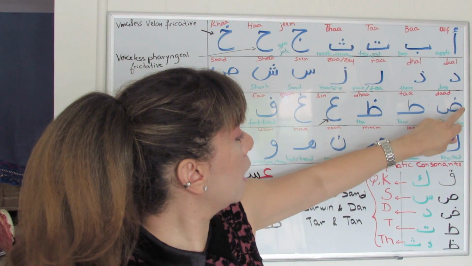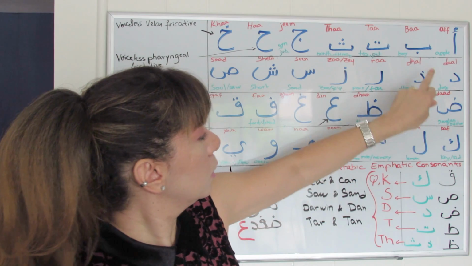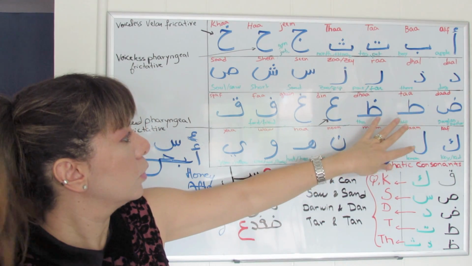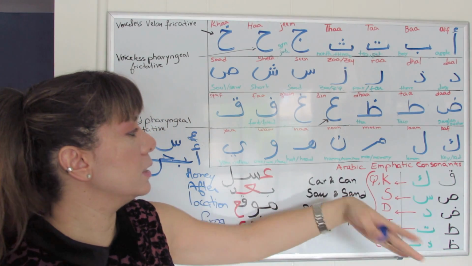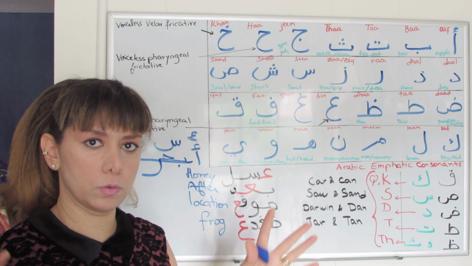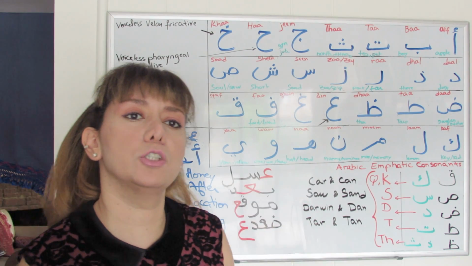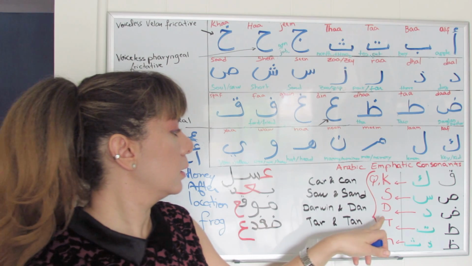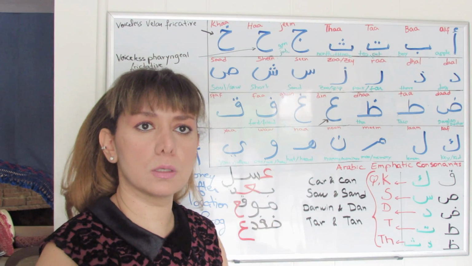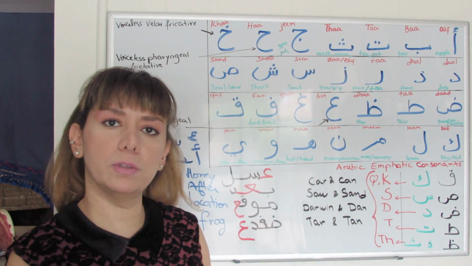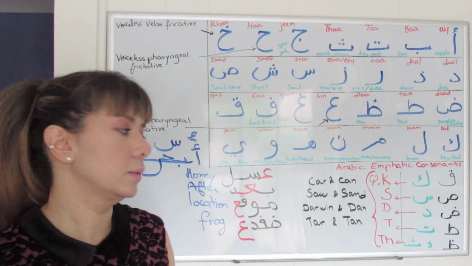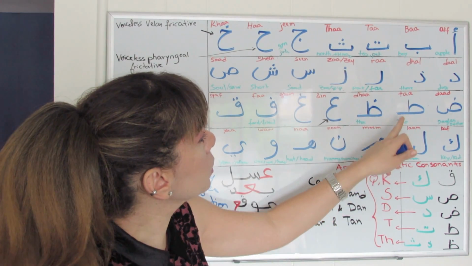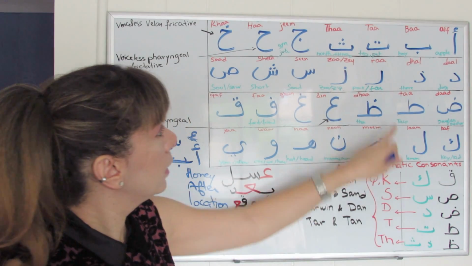Dad and dal, same rule. Dad is an emphatic consonant. It has a really fat, exaggerated sound. Dad, dal. In English, it stands for D for both of them. Ta, ta.